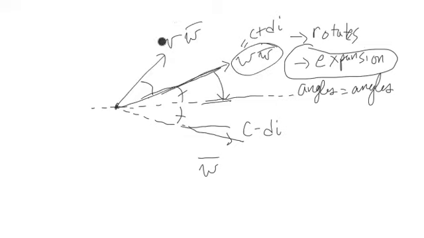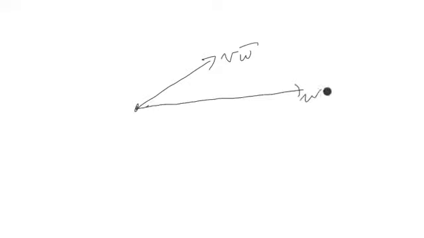VW bar. So let's look at VW bar and see what it's going to look like now. So VW bar is going to look like this. VW bar, and W is actually going to be right along the ground now, at least when we've multiplied it by W bar, okay?